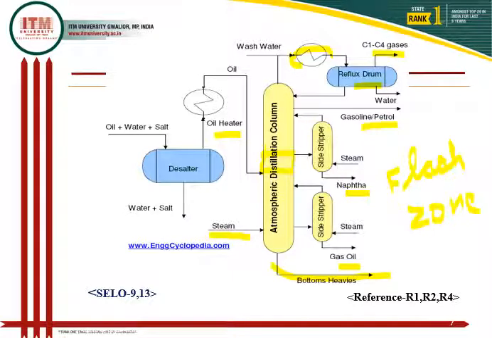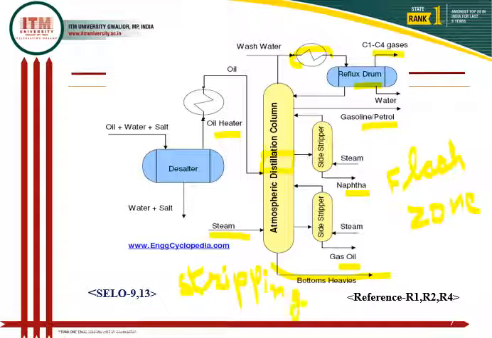The lower portion of the distillation column is known as the stripping section. Stripping, understood here. The reboiler is there to pass again some lighter fractions which can be vaporized, so that is called the stripping section.